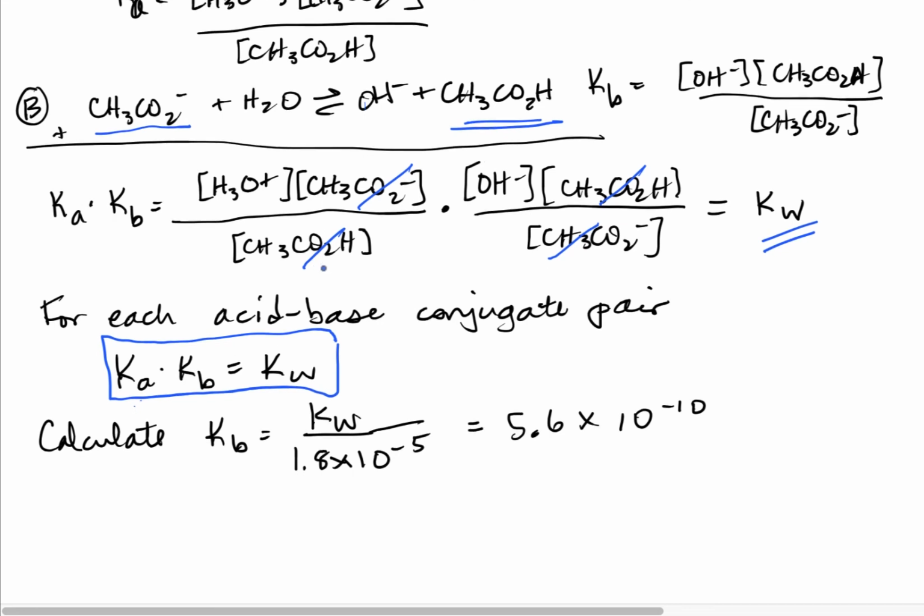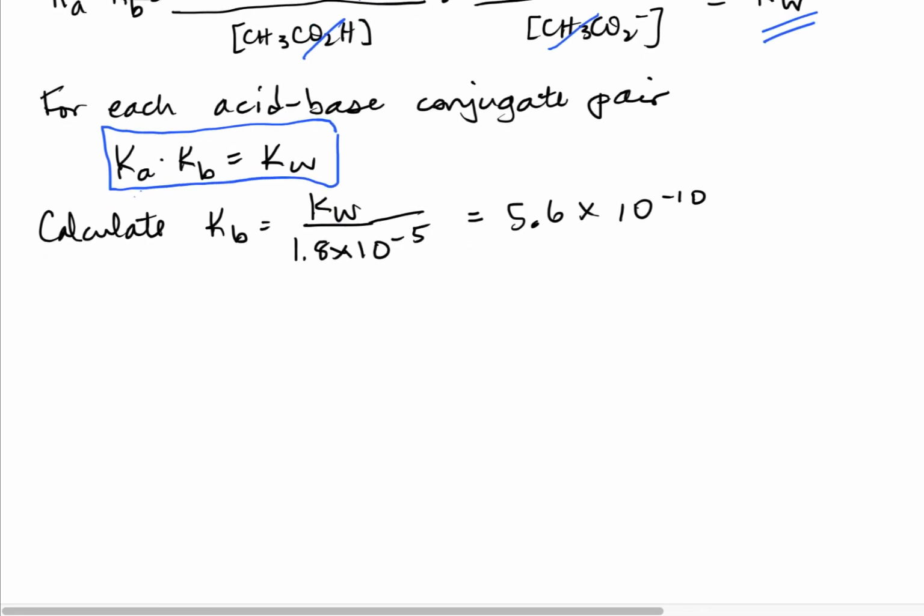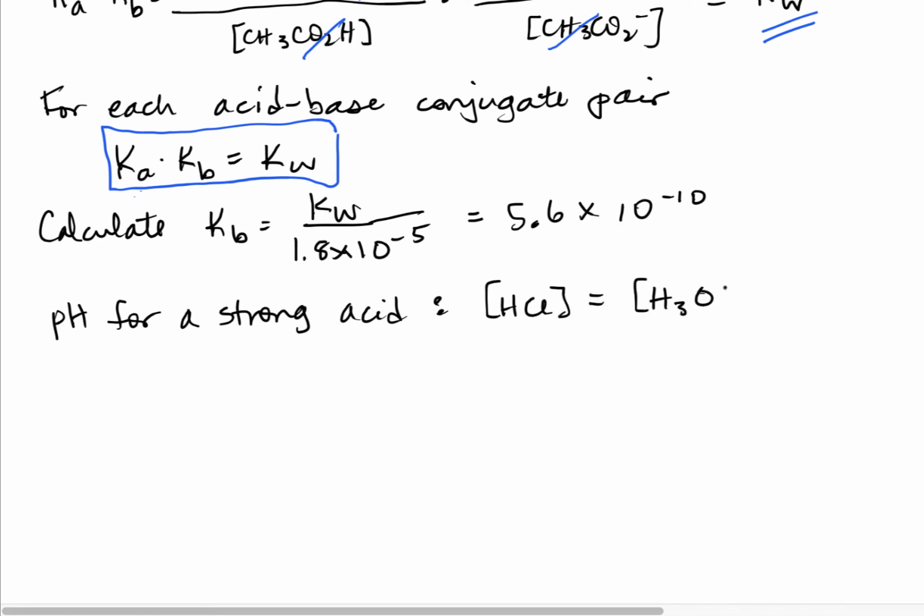So this comes into play a lot when we start thinking about pH for different systems. Now, calculating the pH for a strong acid is simple because we know that the concentration of the acid is exactly the same as the concentration of the H3O+. It dissociates fully.